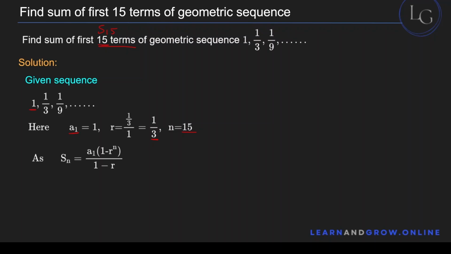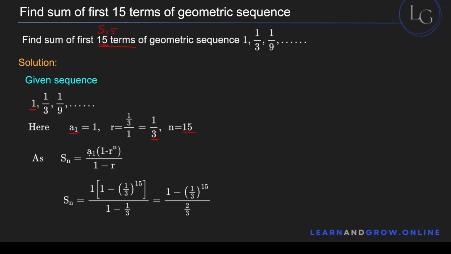Now that we have all the data, we know this formula. And since the absolute value of r, 1 by 3, is less than 1, that means we have to apply this formula.